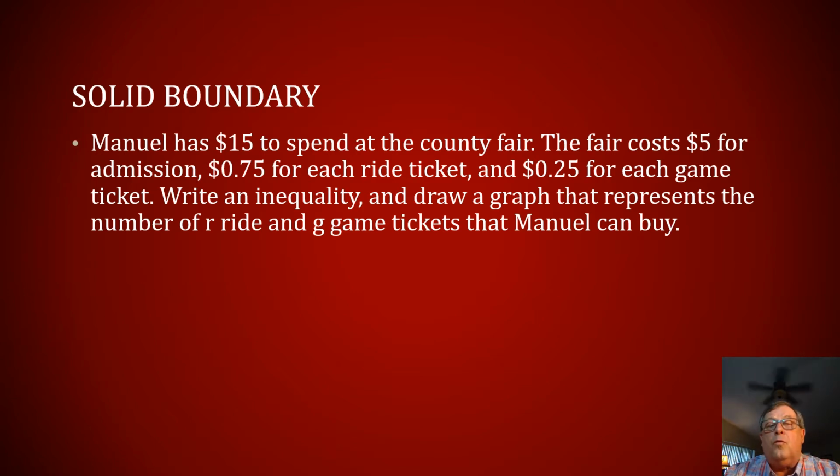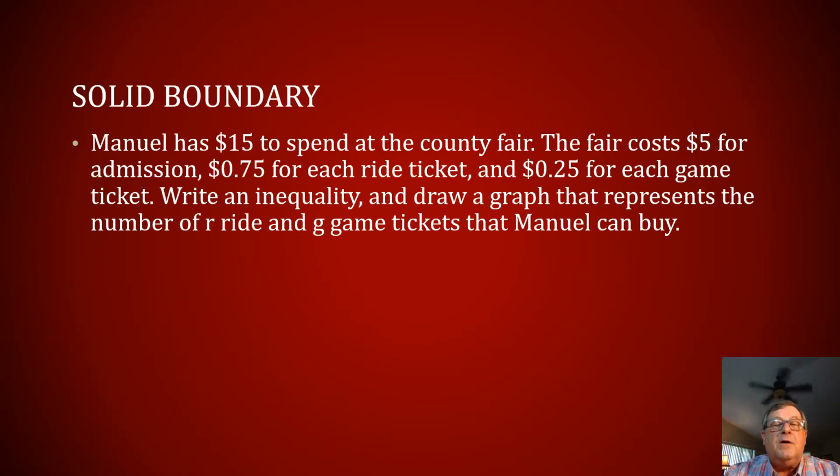Now we have a little word problem that we're going to use to illustrate a solid boundary, which we're going to do on the calculator once we get to that point. Manuel has $15 to spend at the county fair. The fair costs $5 for admission, 75 cents for each ride ticket, and 25 cents for each game ticket.